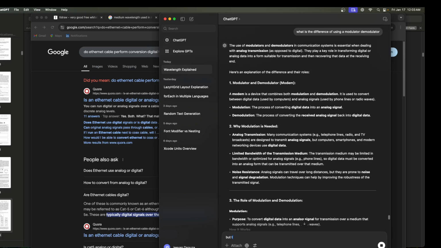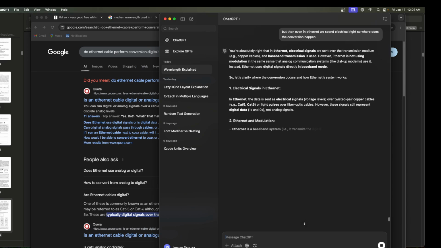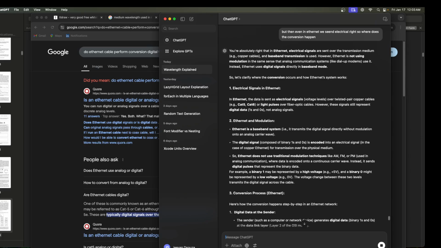But even in Ethernet we send electrical signals. So where does the conversion happen? Ethernet uses baseband mode directly.